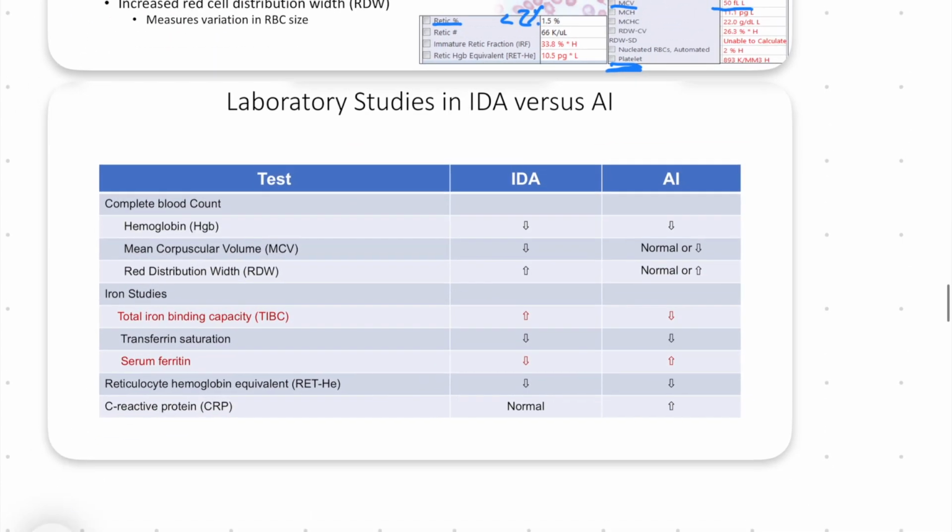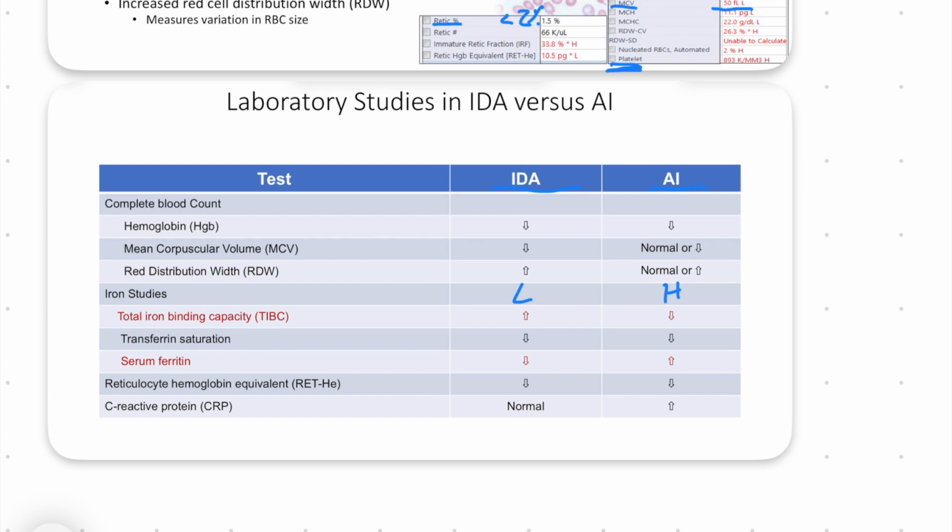So laboratory studies, how do we distinguish between anemia of inflammation and iron deficiency anemia? Well, remember, in anemia of inflammation, we have iron, but it's being surrounded by macrophages and it's not available. We don't have the actual iron content here, but in anemia of inflammation, we would have high iron, and in iron deficiency anemia, we would have low iron.